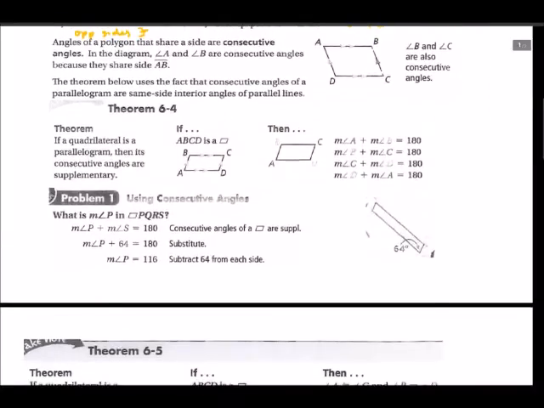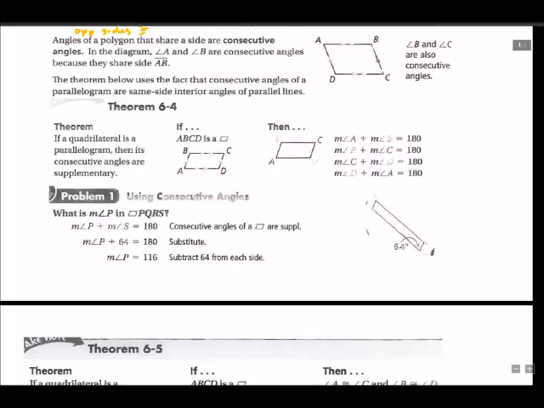All right, some more vocabulary for us here. Consecutive angles share a side. So A and D share a side.